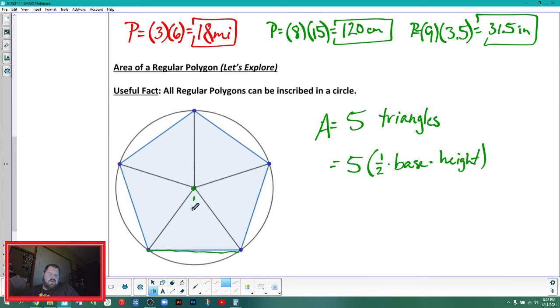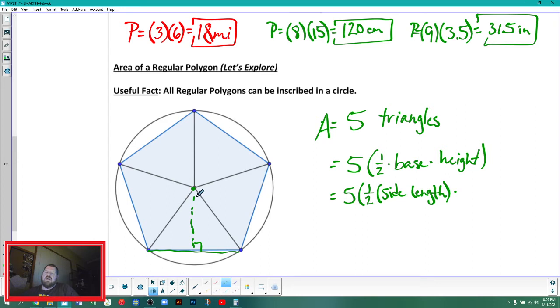If I knew this height, there's a great straight line there, then this would be my base. If this is my base, this is a side of the shape. So we're going to have 5 times 1/2 times the side length, and then we're going to need something for the height.